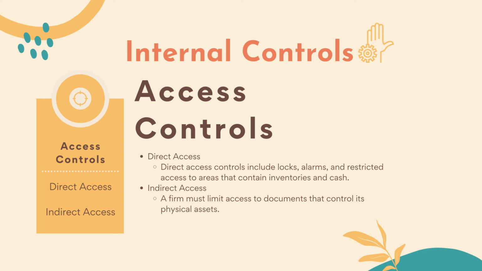A firm must limit access to documents that control its physical assets. For example, an individual with access to purchase requisitions, purchase orders, and receiving reports has the ingredients to construct a fraudulent purchase transaction. With the proper supporting documents, a fraudulent transaction can be made to look legitimate to the system and could be paid.